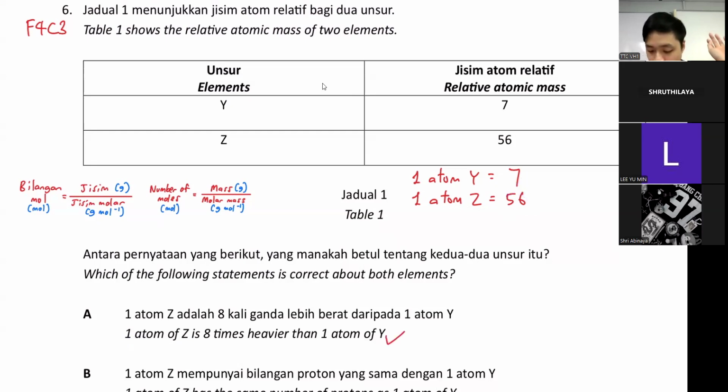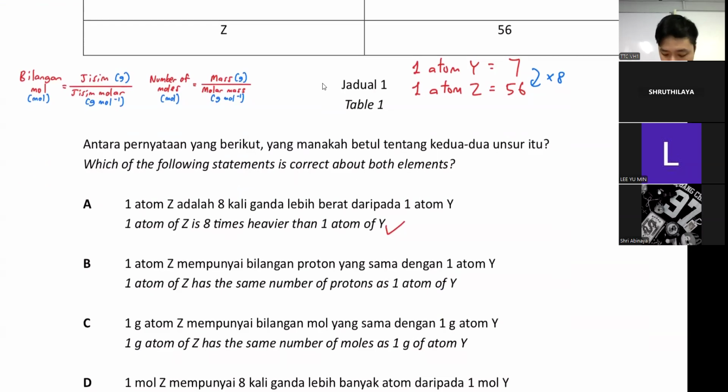So, it means Z is 8 times of Y, right? Correct, because 56 divided by 7 is 8. B, one atom Z has the same number of protons as one atom Y. Definitely not.